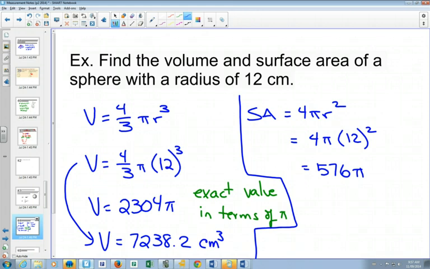This would be the exact value. I should put these as approximation signs because we've rounded. So the surface area will be 1809.6 centimeters squared.